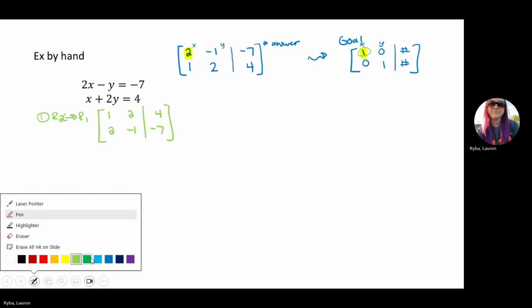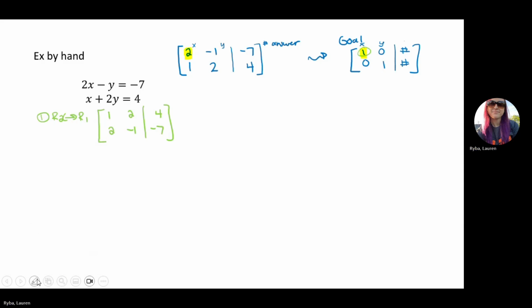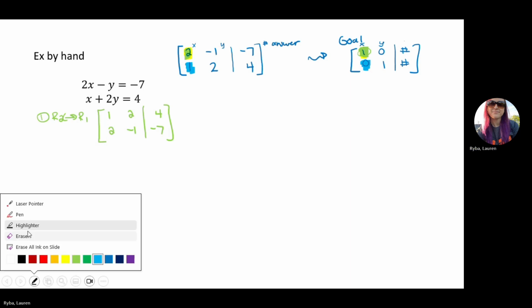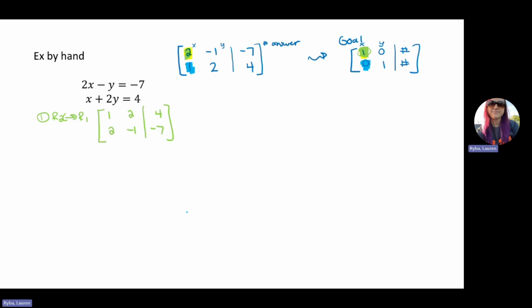Okay, step number 2. I'm going to try to color code it correctly here. Step number 2 is to get that 0 there. So underneath your 1 should be zeros. Now, the way we get that is with a form of elimination.